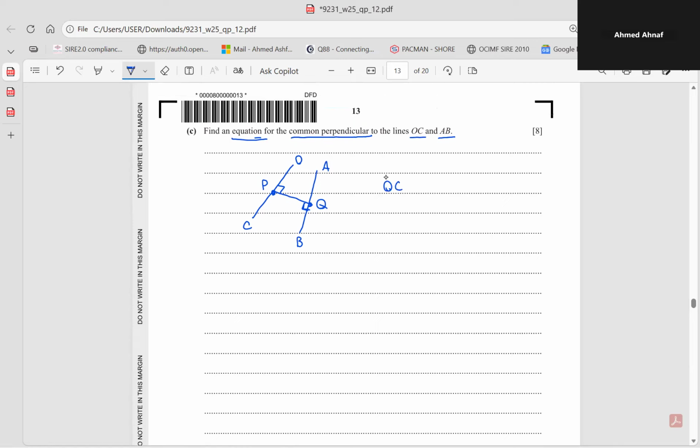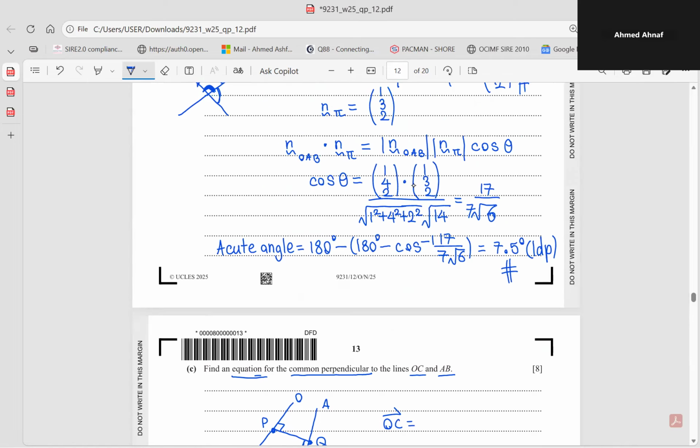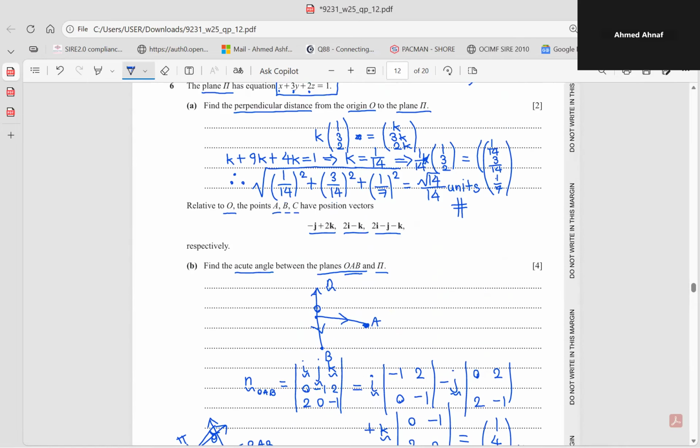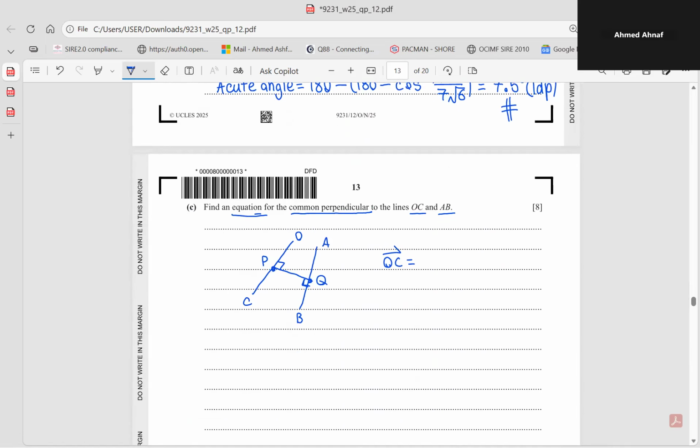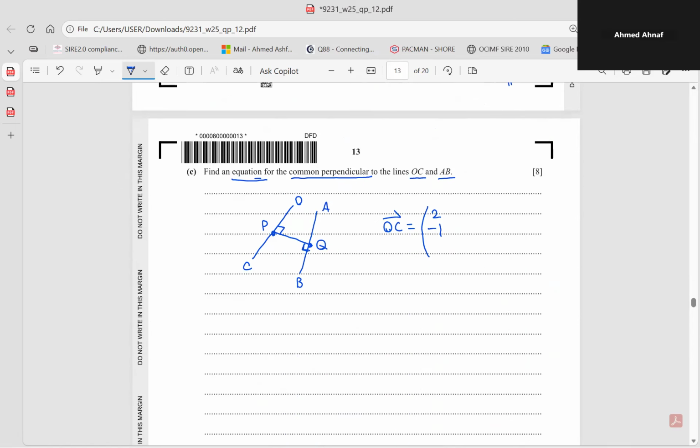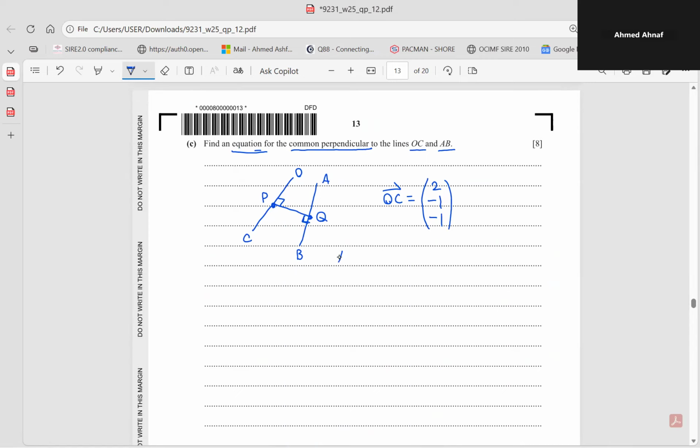Right. So let's start off by finding the vectors OC and AB first. So OC, I believe we are already given that. OC is just 2i minus j minus k. So that's (2, -1, -1). And we also have to find the vector AB. So to find vector AB, just take OB minus OA.